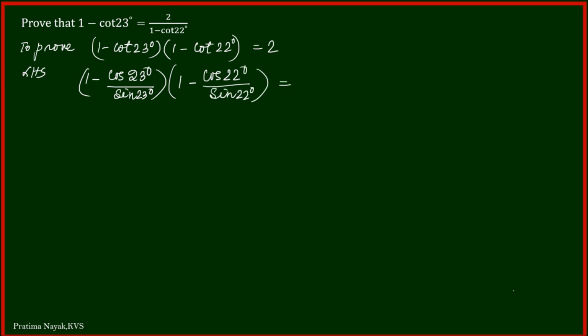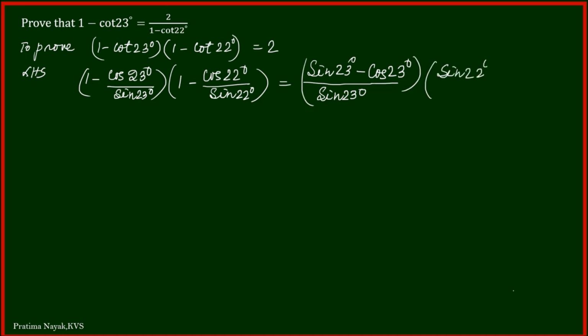Let's simplify the first term, the LCM will be sin 23°, and it will be sin 23° minus cos 23°, and the second one will be sin 22° minus cos 22° over sin 22°.